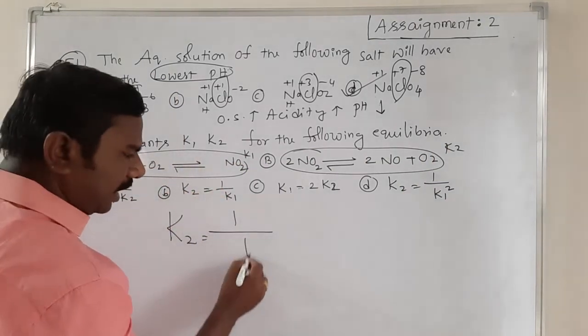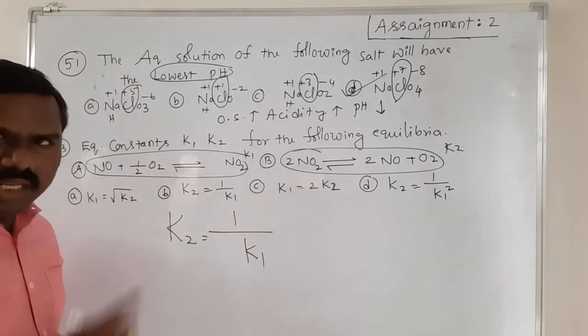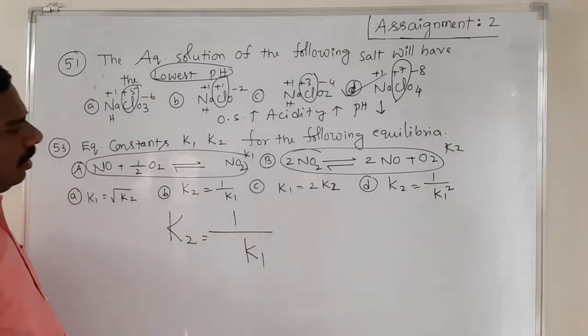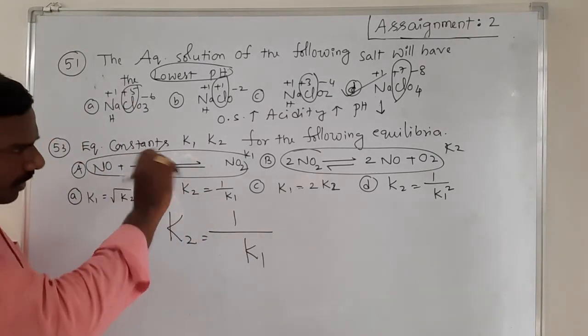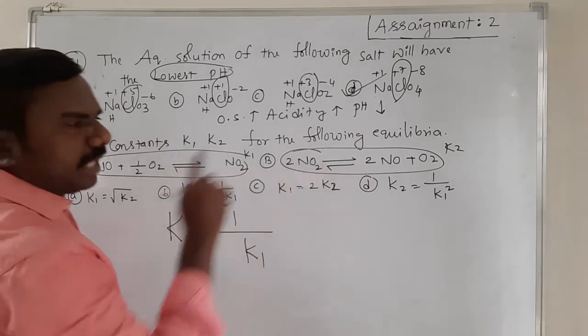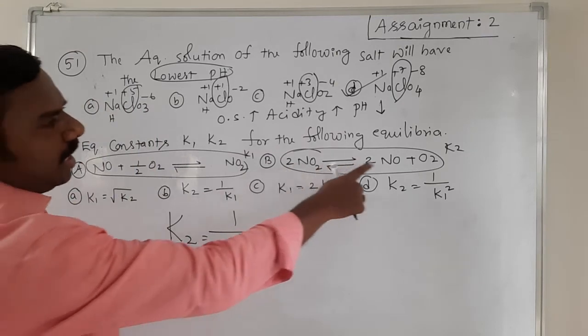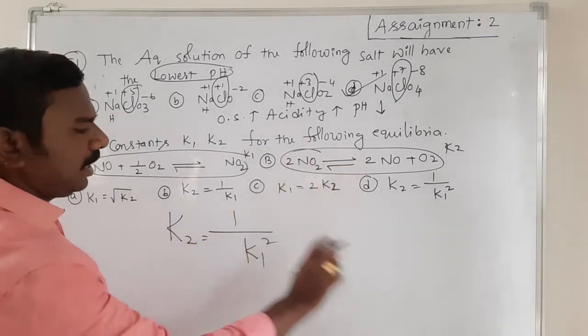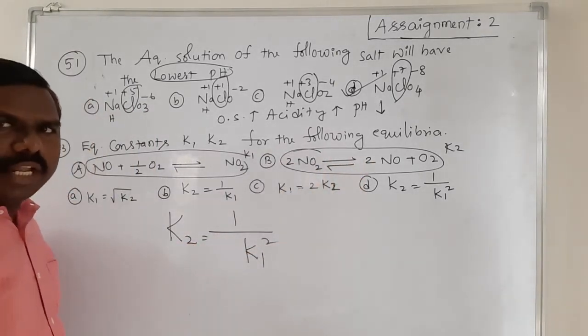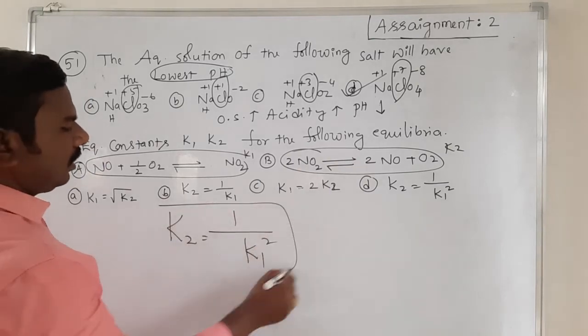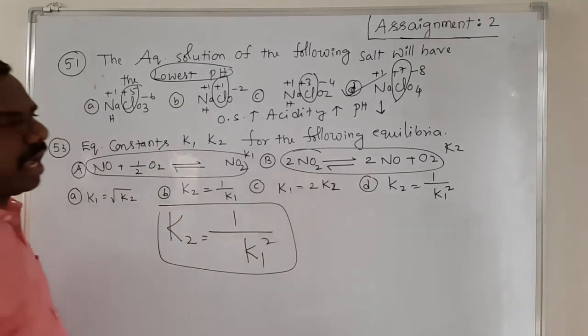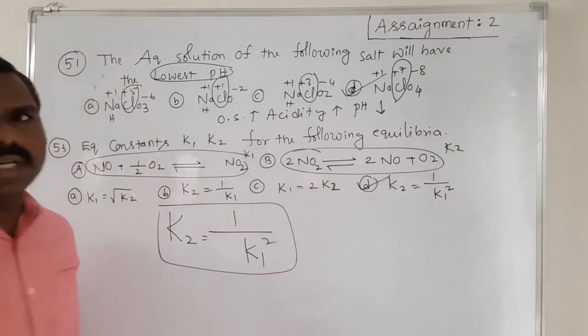Flipping means 1 by K1 in equilibrium. When I flip the first equation, I get the second equation. In the second equation, 2 is there, it means squaring. Getting all of you? So K2 is equal to 1 by K1 square. Option D is correct for this question.